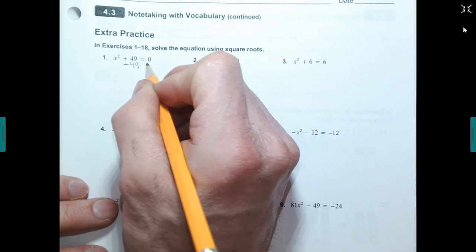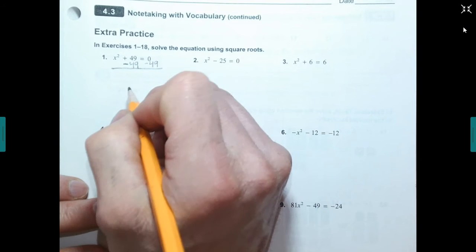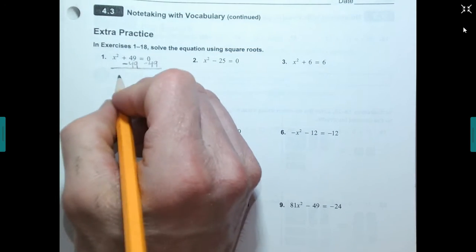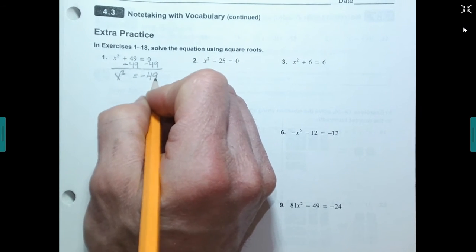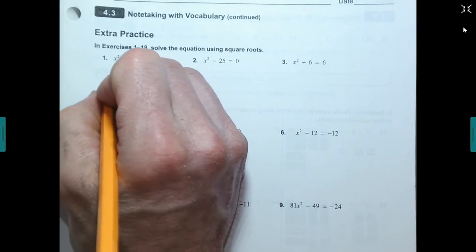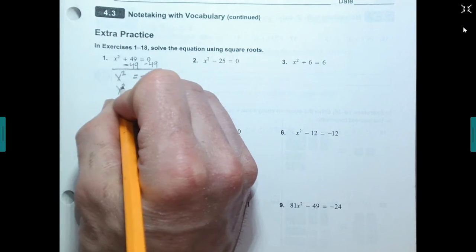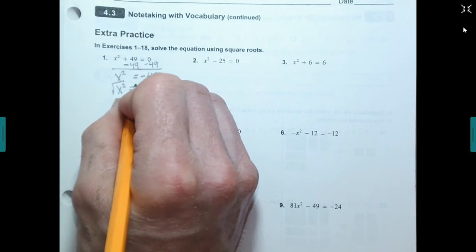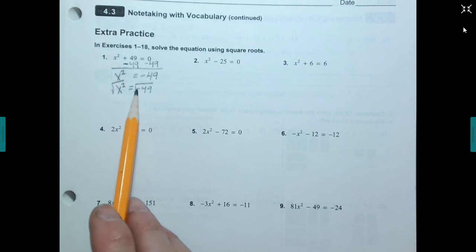Oh, what a great one to start on. Good, I didn't give you an example of one of these. So let's check this out. x squared equals negative 49. In order to get the x by itself, I have to square root both sides. Oh no, I have a negative in here.